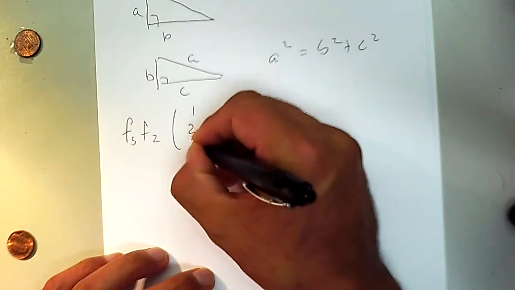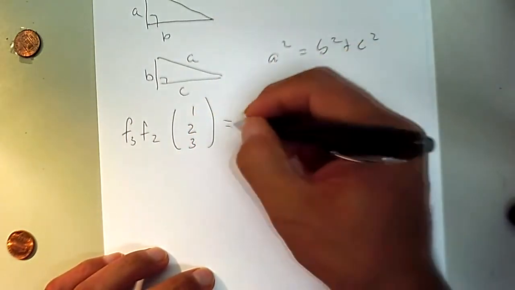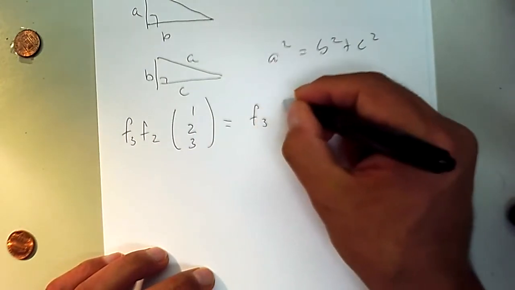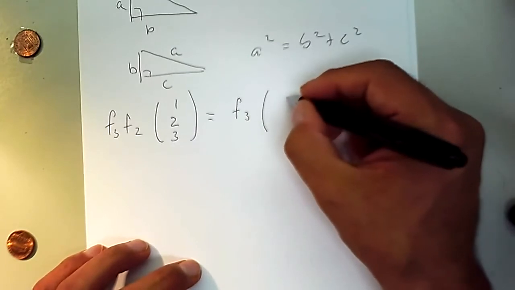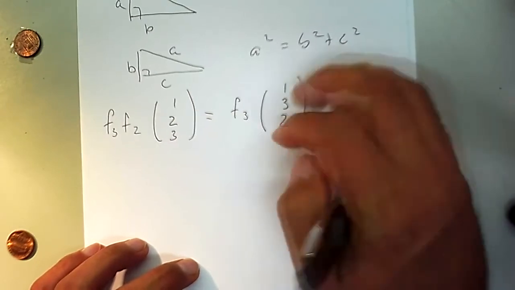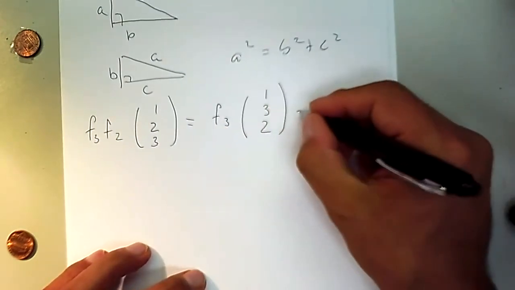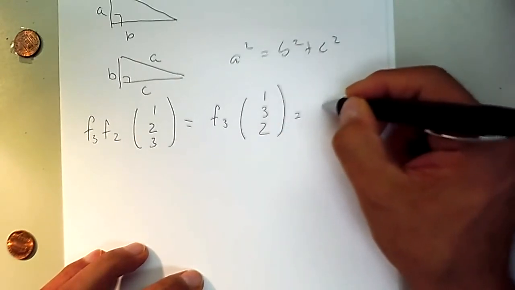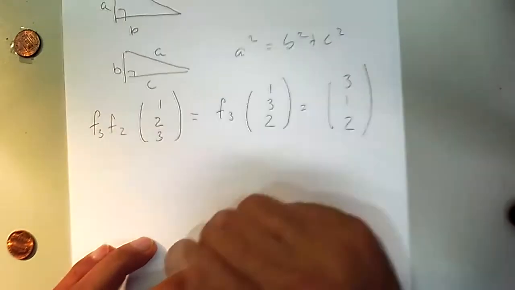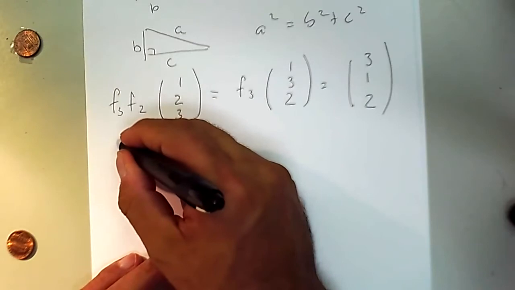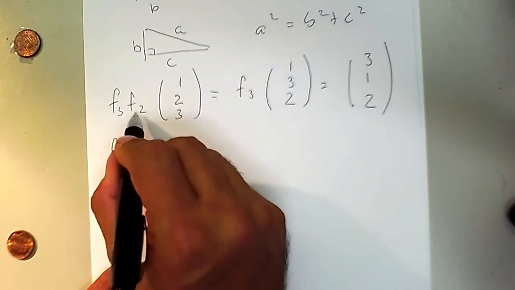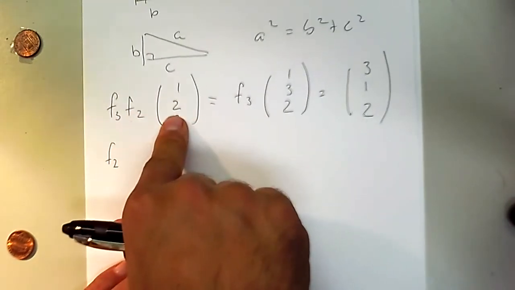So what happens if we have, I'm just going to use numbers instead, 1, 2, 3. We don't have to have A, B, C. Okay, so exchange the bottom. I'm going to do this in two stages because sometimes I cannot think that advancedly. So exchange the two bottom ones, 1, 3, 2. But then when we apply F3 on it, we exchange the first two. So that's going to give us 3, 1, 2. Okay, let's do the same in reverse order. By the way, the operator is applied on the left of the thing to be operated.